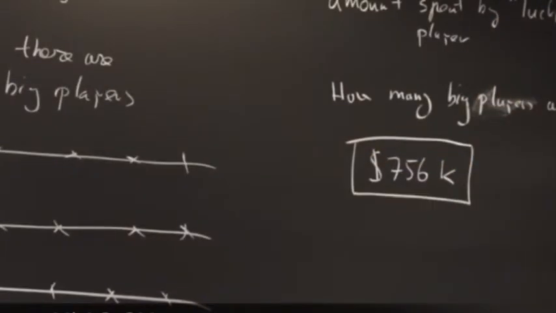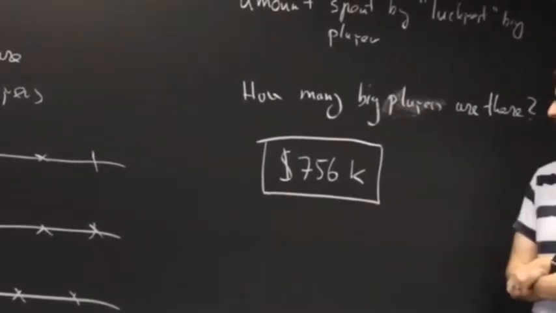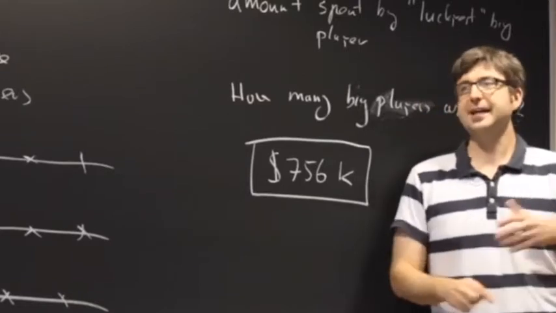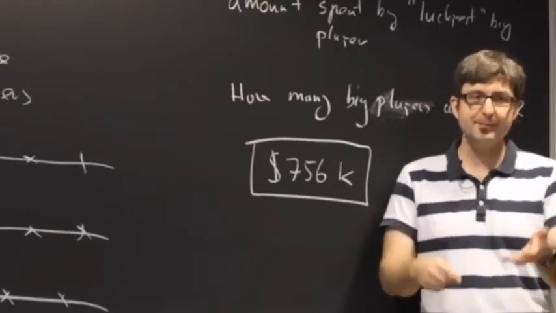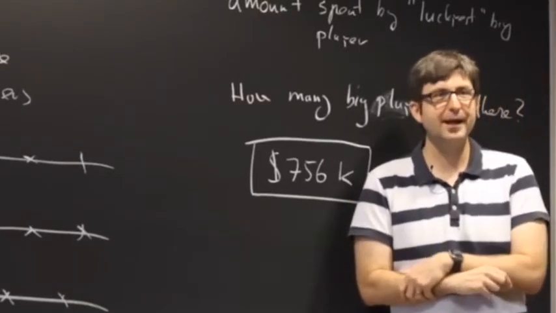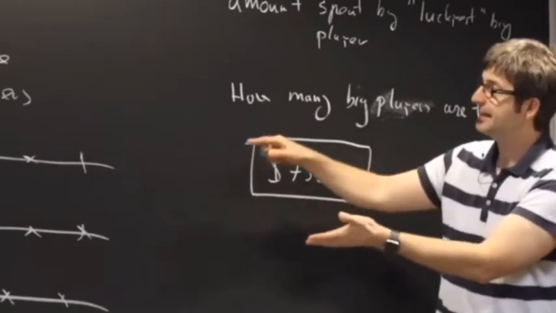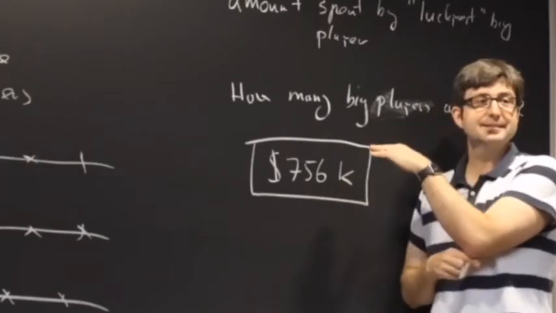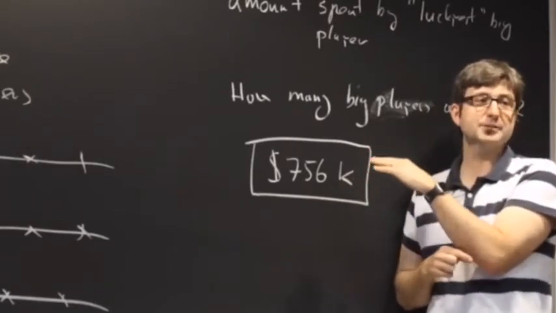So I am very, very certain that this lady spent on lottery tickets at least $756,000. Or actually anybody who would want to come up to win this prize and happen to be a big, lucky big player, they would have to spend at least $756,000.